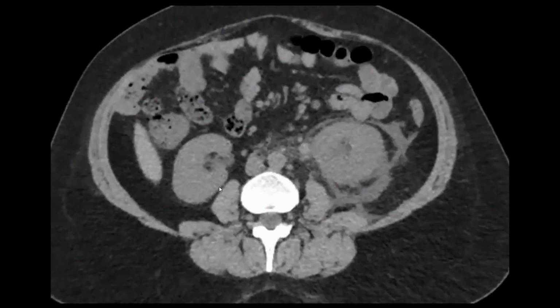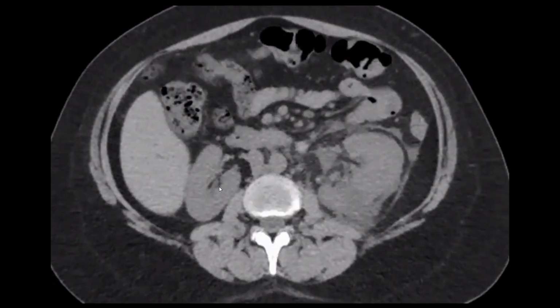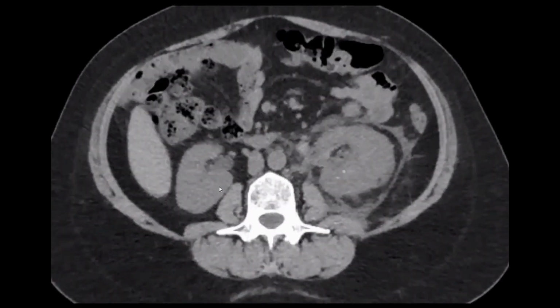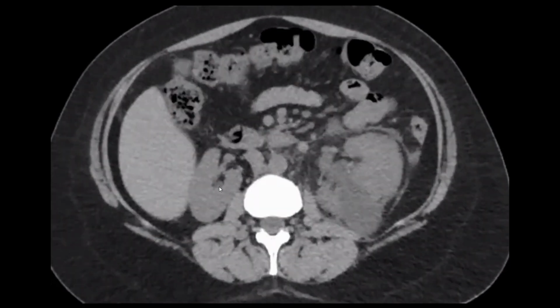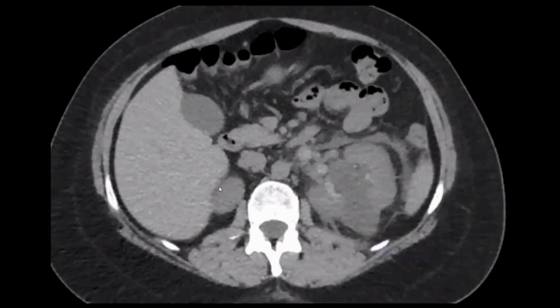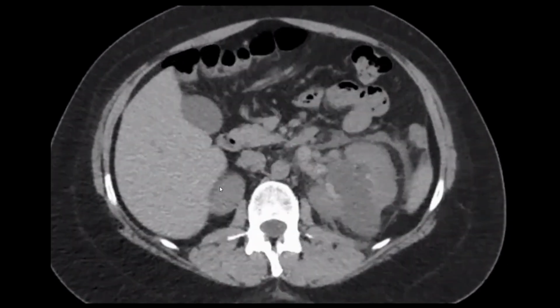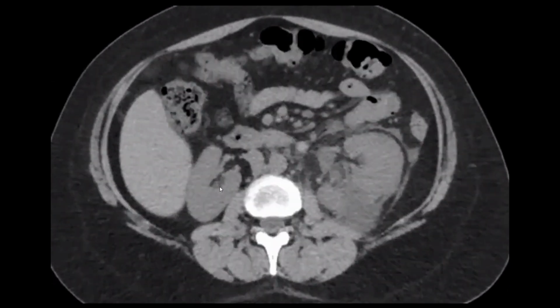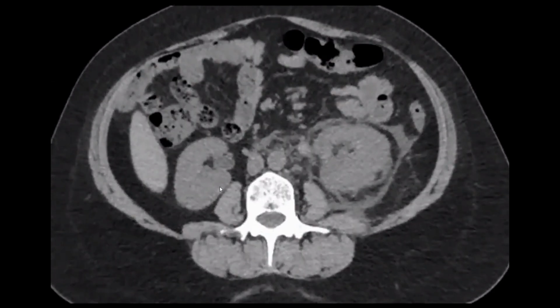Sir, I could appreciate there's a hyperdense structure. I'm not sure what this is. I think it is the collecting system that is hyperdense on the left. Yes, as you said, we have a cystic lesion with a few calcific foci. Apart from this cystic lesion, what do you have more? The calyceal group, as you said, is not dilated.